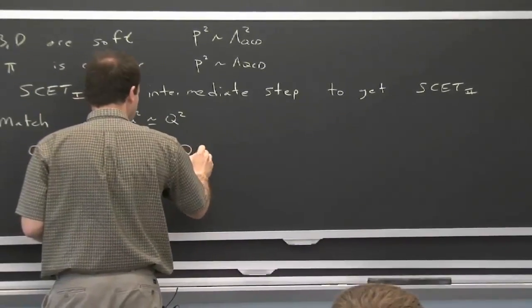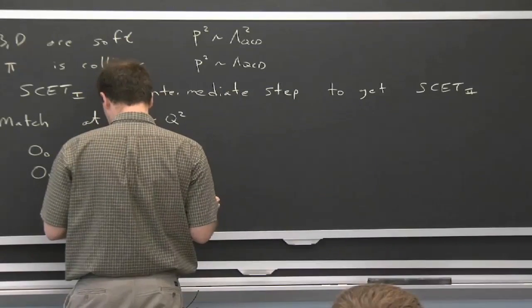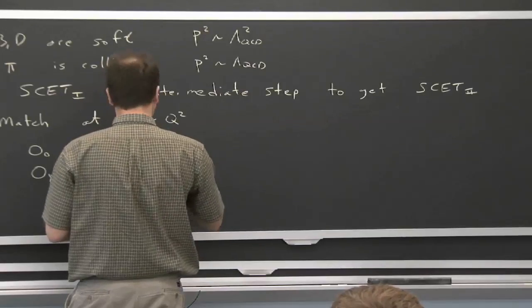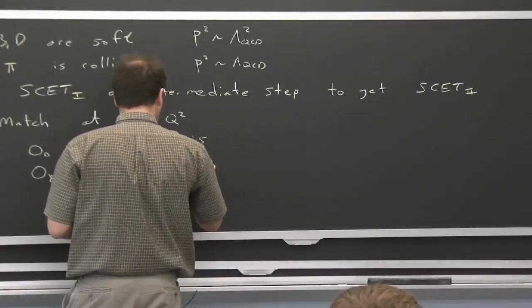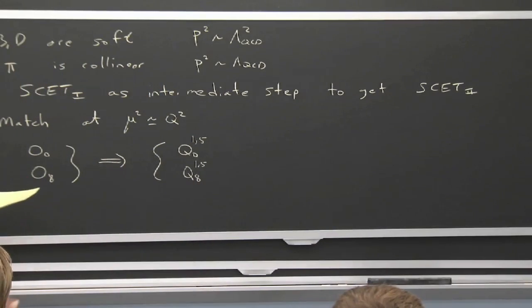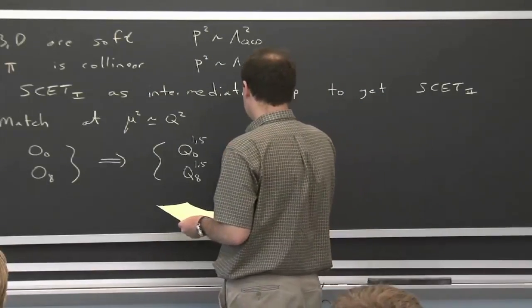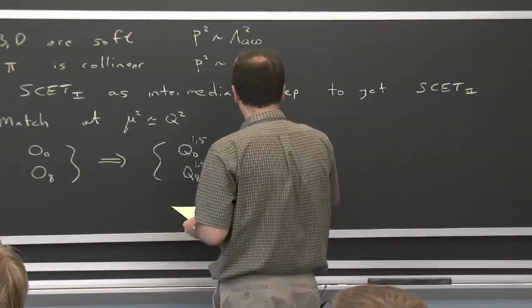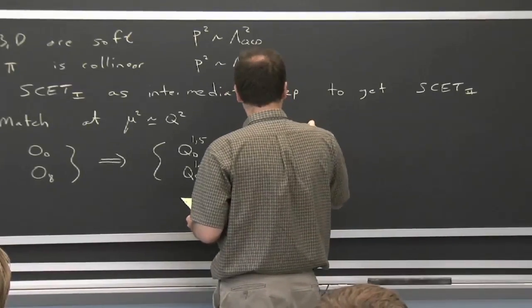So let me call the SCT operators Q0. Because of the fact that there's a heavy quark and the way that works, there's two possible spin structures here. But we'll see that actually only one of them has the right quantum numbers in the end.